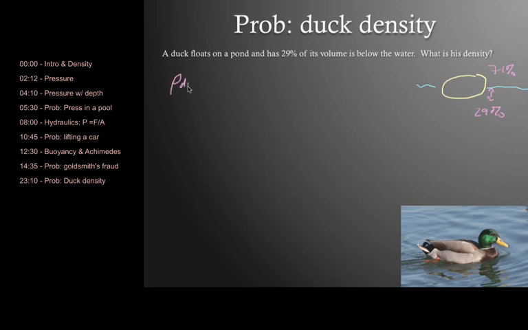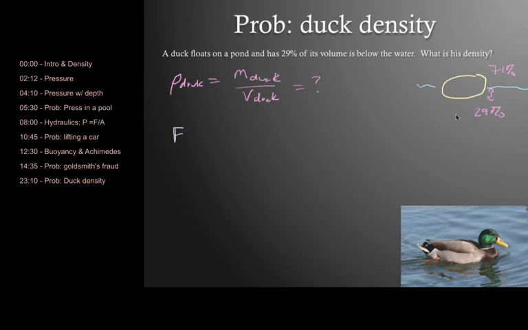So what we're looking for is rho duck. And rho duck is going to be the mass of the duck over the volume of the duck. But the thing is, I don't know either of these. So this is not going to be the way that I need to solve this. So let's look at the buoyancy force and look at our free body diagram.